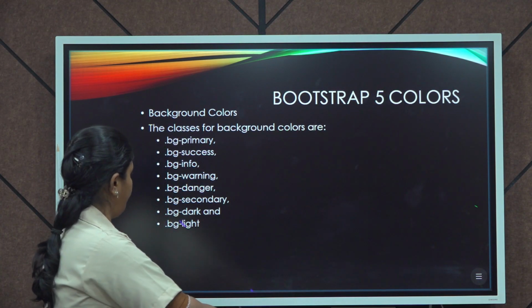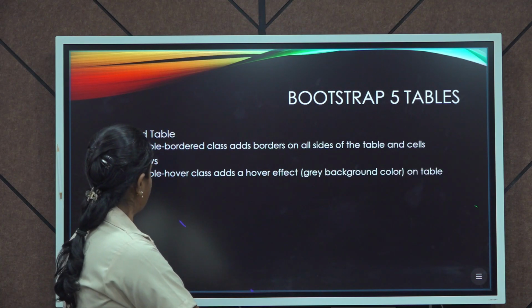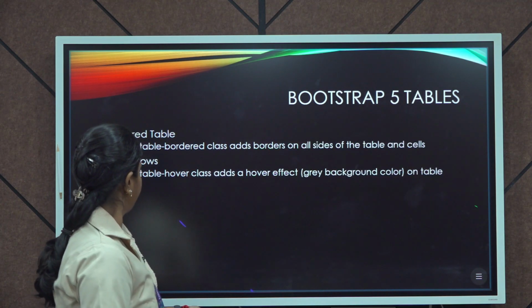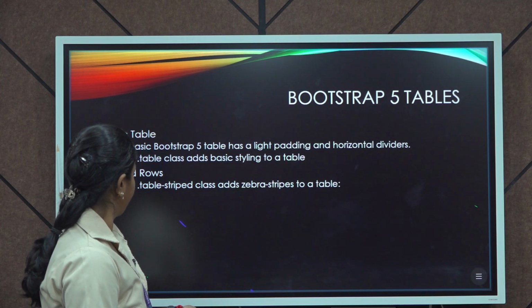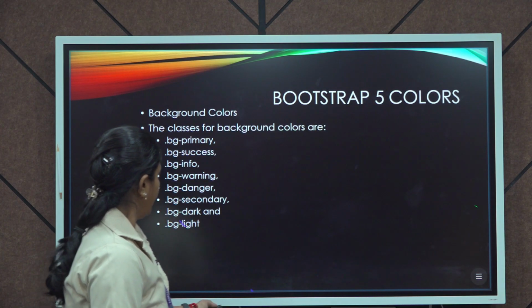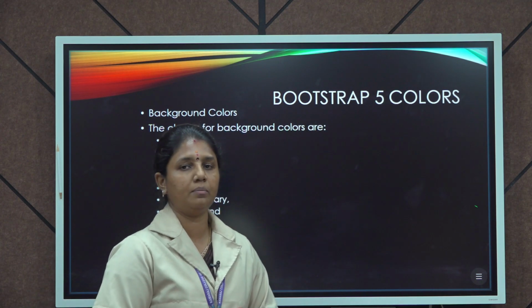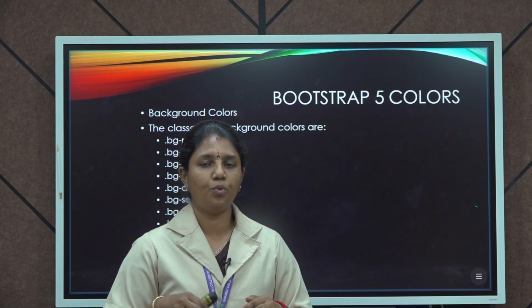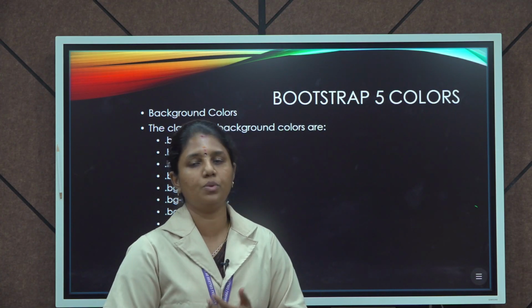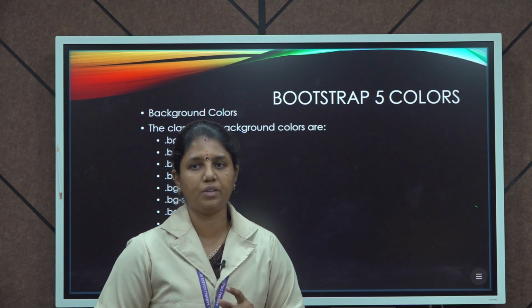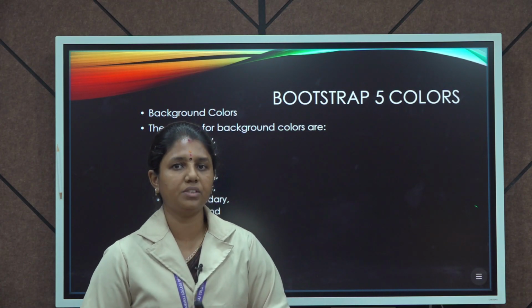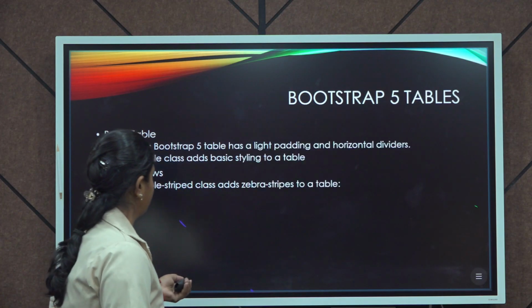How will it appear? It will appear like a background with light colors, and if a danger alert message, for different comments you are giving, in order to create a web page, the background color is very important. For that purpose we are using this background color.